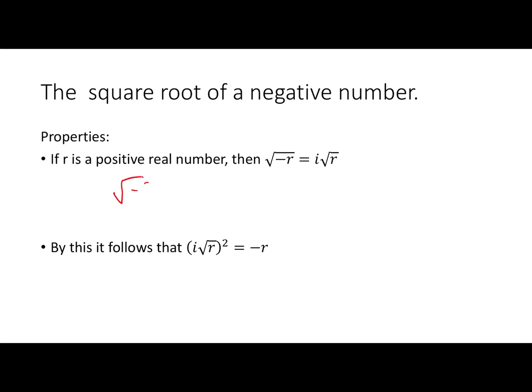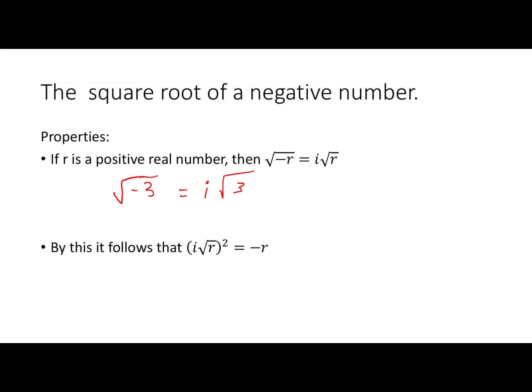Some examples here might help. Suppose we wanted to take the square root of -3. Well, there's no number that can give you -3 whenever you multiply it times itself. So we rewrite this as i times the square root of 3.